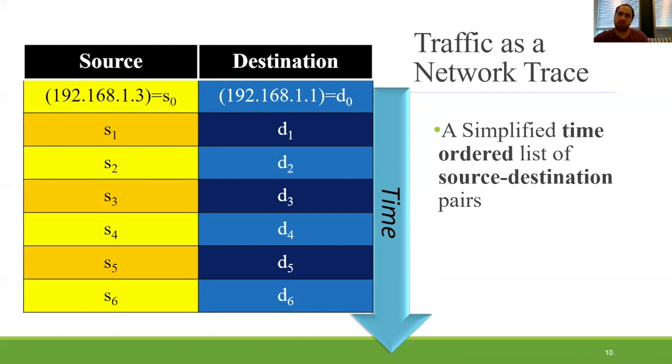And these lines are ordered through time, in the same order that they appear in the traffic. This is, of course, a simplified trace which doesn't contain any information about time or payload or protocol or port, etc. So how do we take this simplified trace and use it to measure traffic complexity?